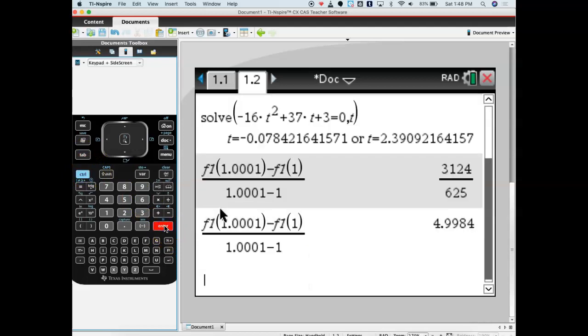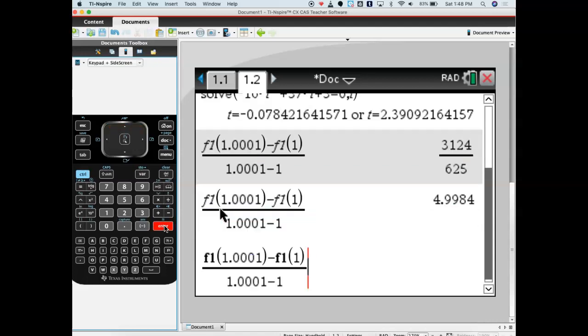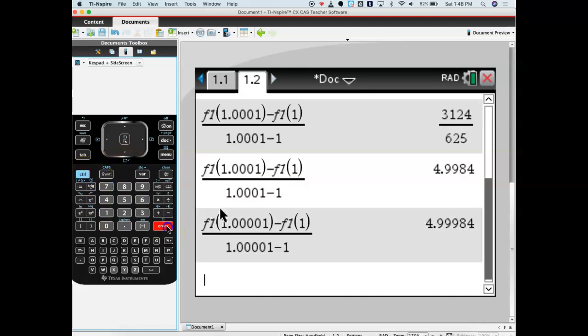And am I really ready to approximate this yet? Remember, we weren't always ready, and what we typically did in this scenario is we came back in and we added a 0, and we kept getting closer and closer to 1.